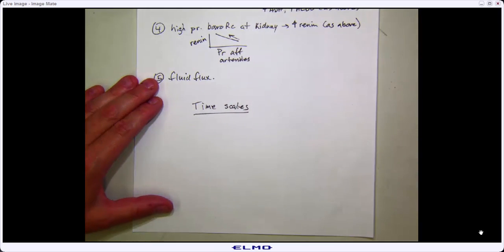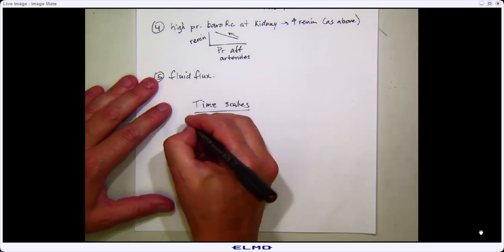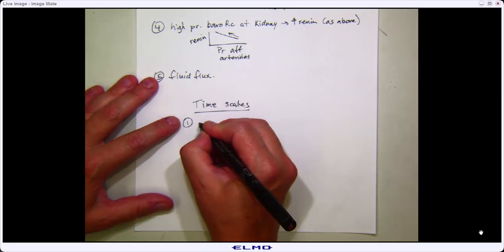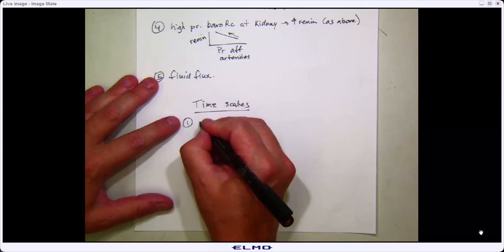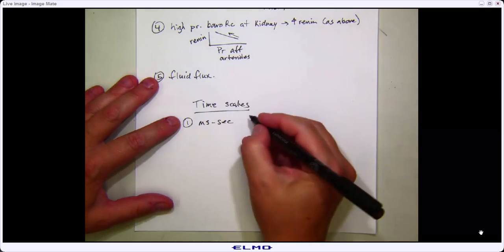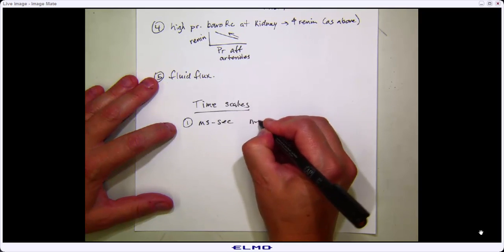Once I've thought about what receptors I might have for any of the problems, now we think about the time scale. So I first tend to think about the nervous, the milliseconds to seconds. So what's going to be happening on milliseconds to seconds? Those are really nervous effects.